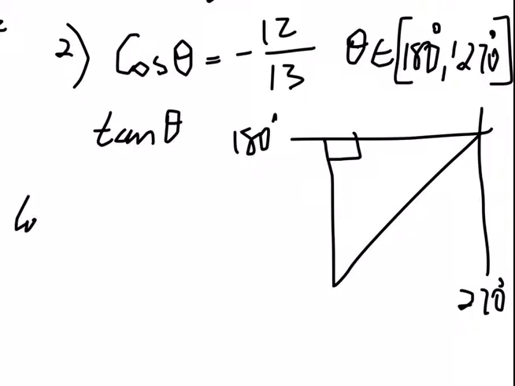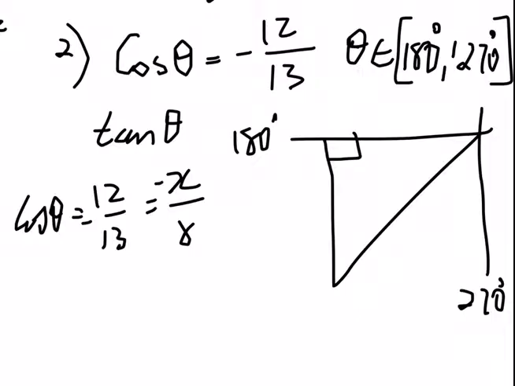So that means cos of an angle being negative 12 over 13 is actually x over r. So that means that negative belongs to x, which means it is negative 12. R we know is always positive, and then it is the y value that you need to be looking for.